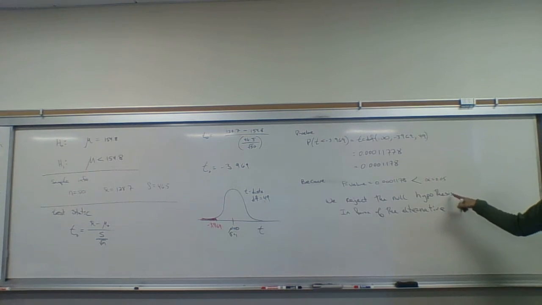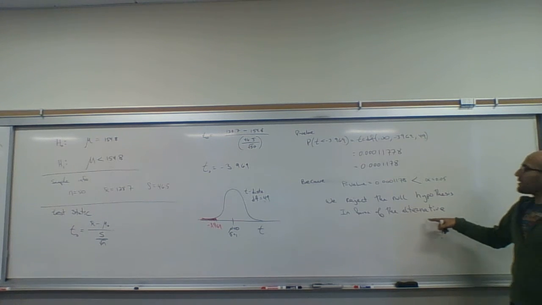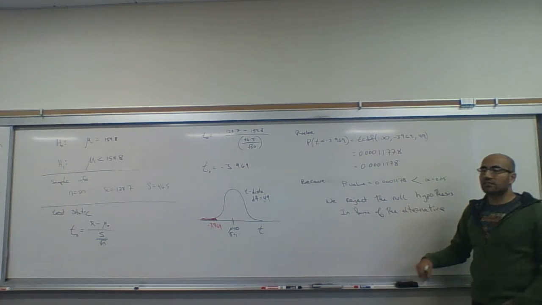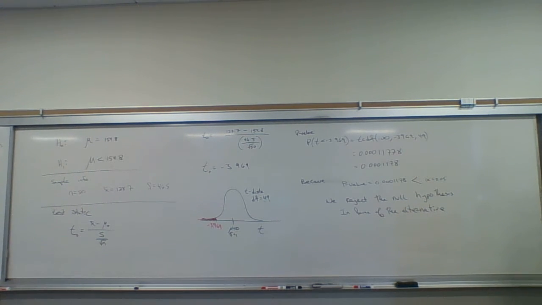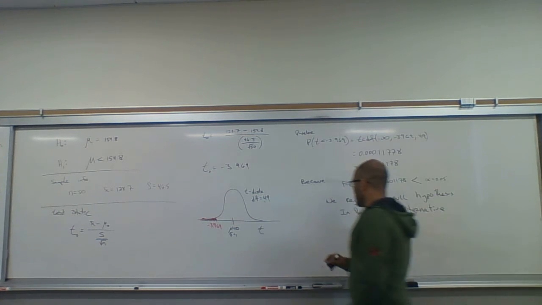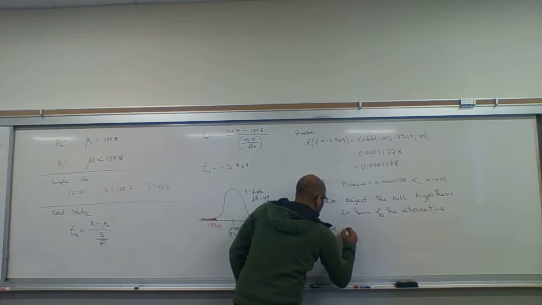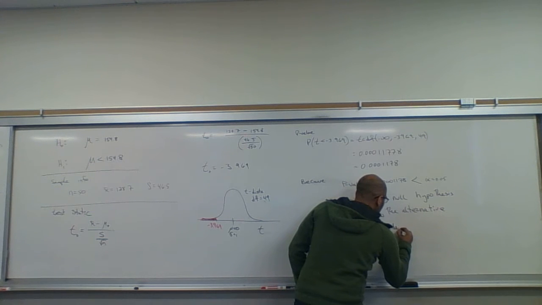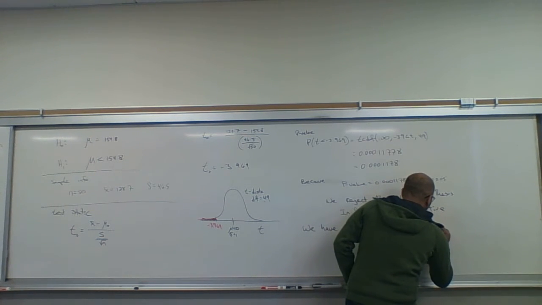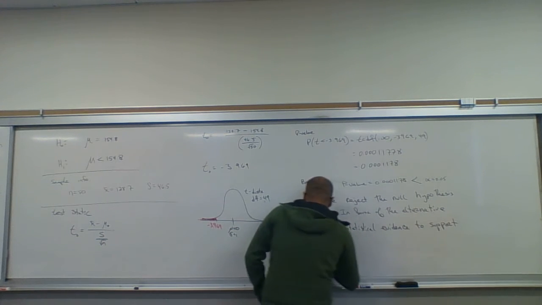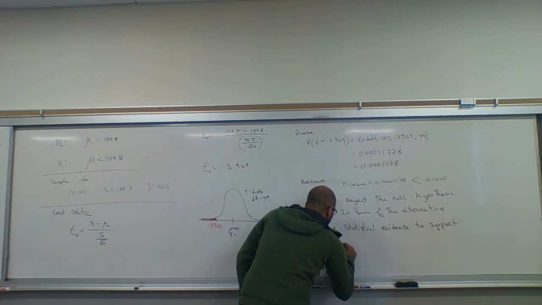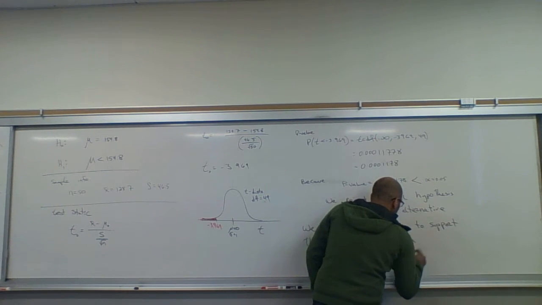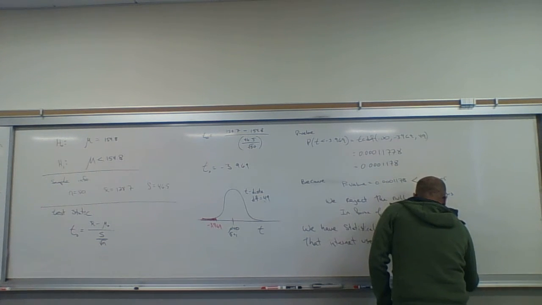Okay, so what does this mean in terms of our word problem? Well, it means that we do have statistical evidence to support that internet users watch less television than non-internet users. We have statistical evidence to indicate or support that internet users watch less TV.